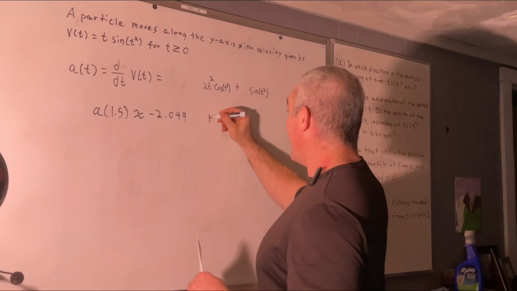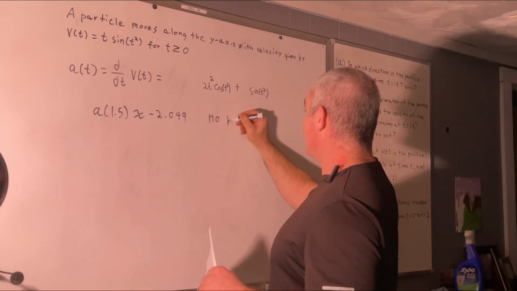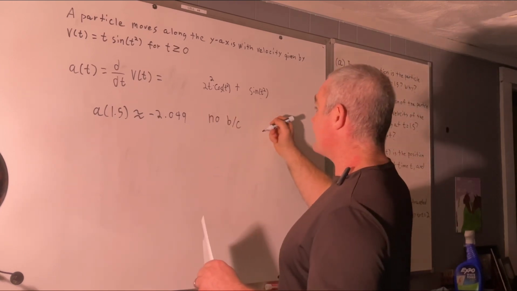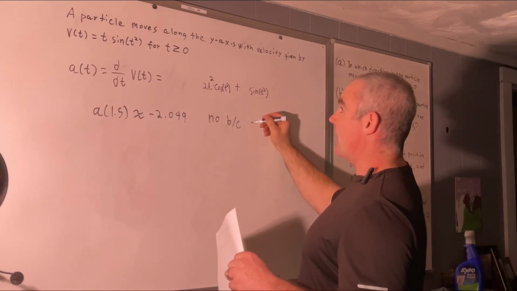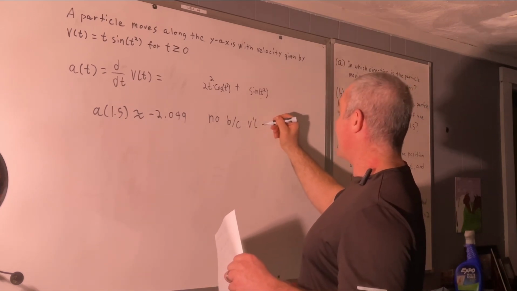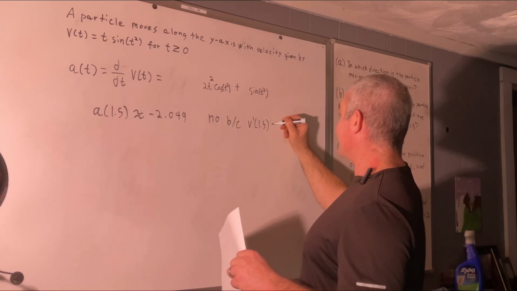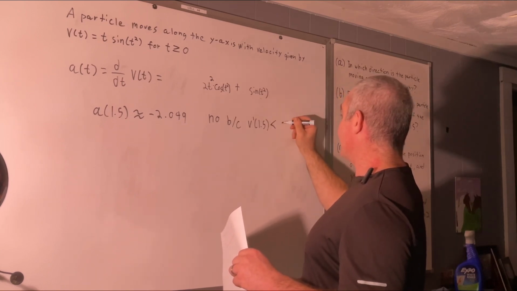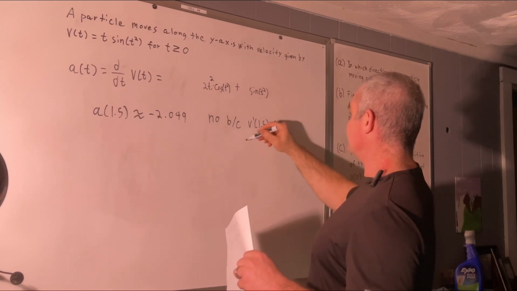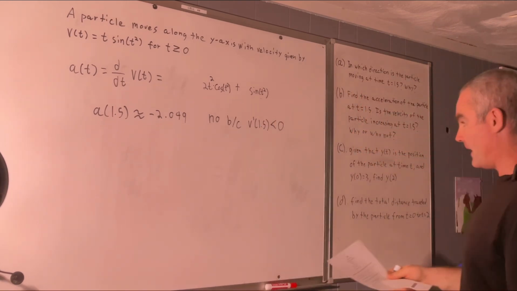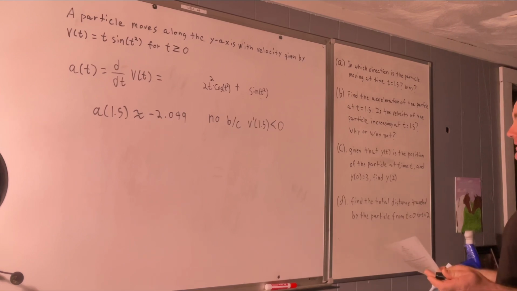You would say no because v prime of 1.5 is less than 0. There you go. That should get you full points.